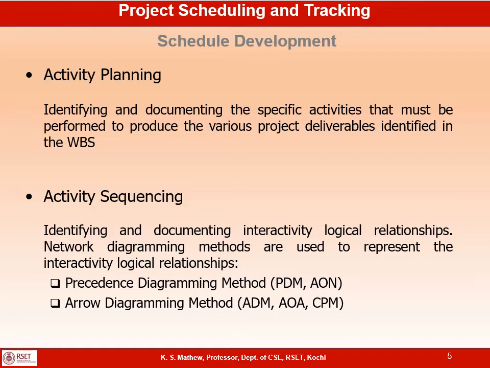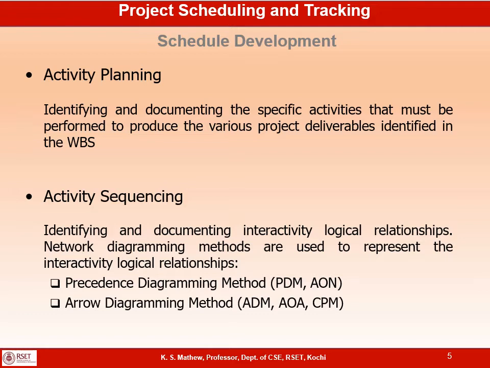Output of an activity may go as an input for another activity, so unless you complete the other activity and have the output ready, you will not be able to start another activity. So the next step in scheduling is to identify and document the interactivity relationship or logical relationship between different activities.